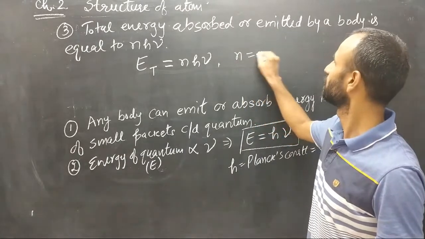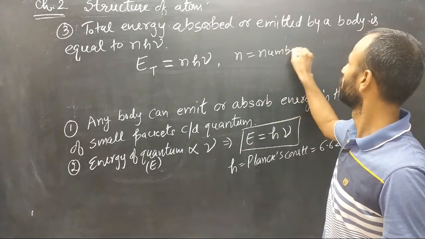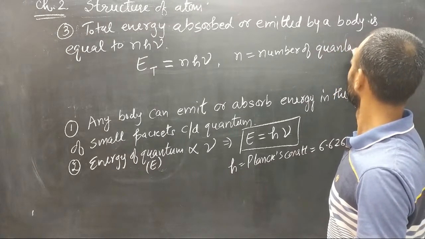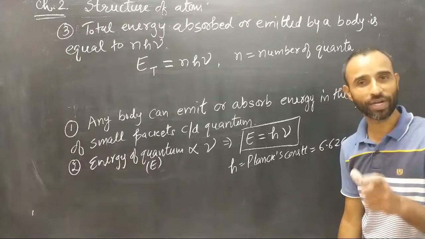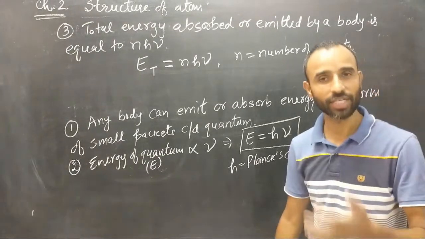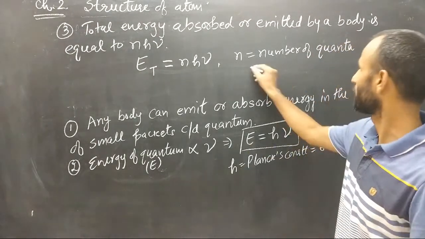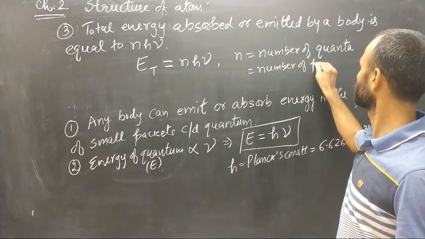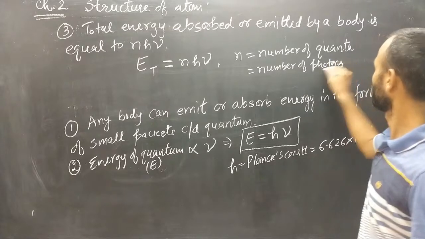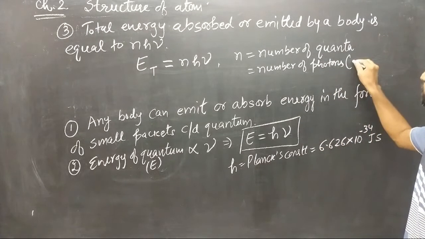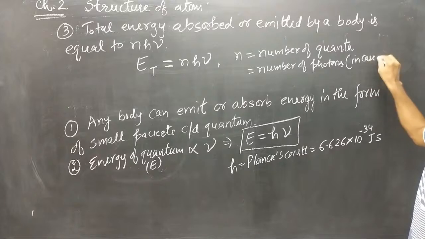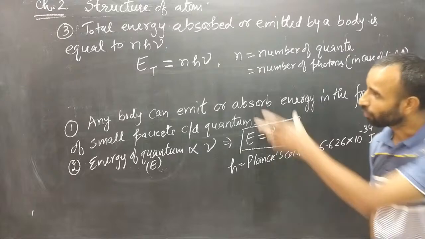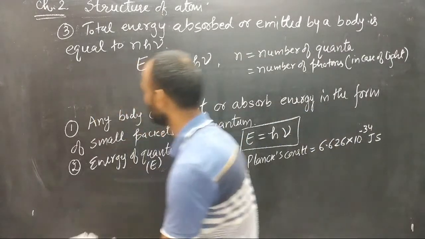Here n is the number of quanta. The plural of quantum is quanta, and in case of light that is called photons. It means that n is equal to the number of photons in case of light.